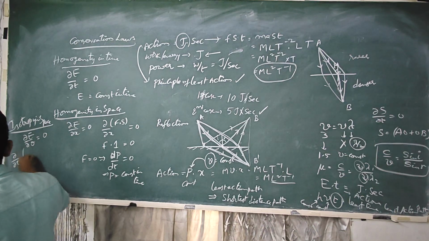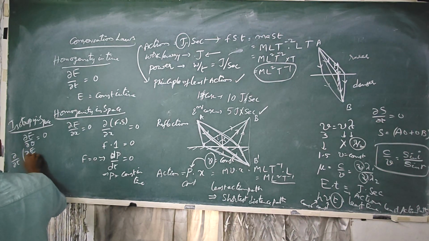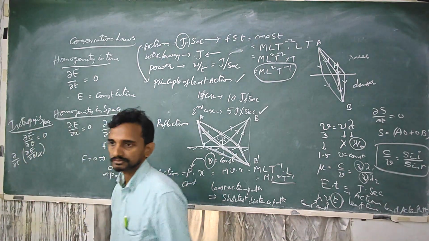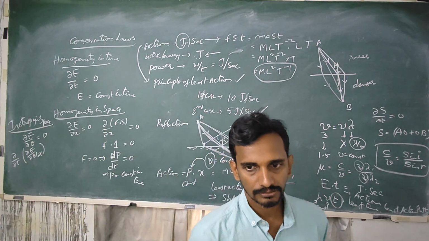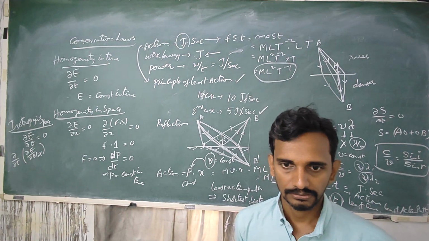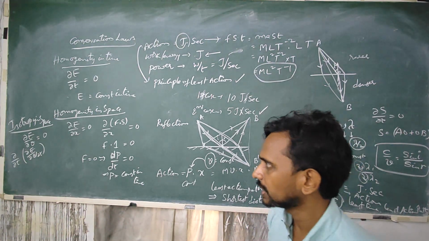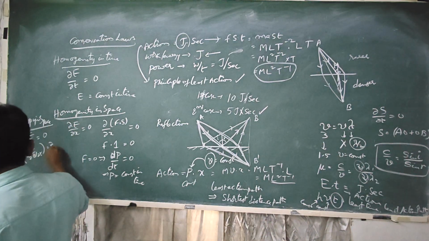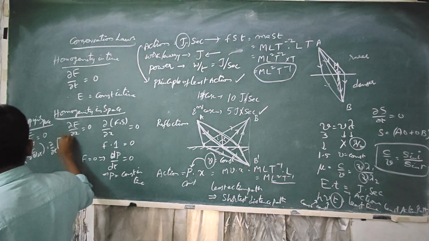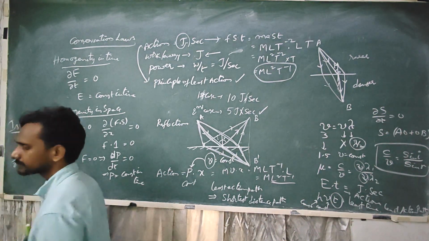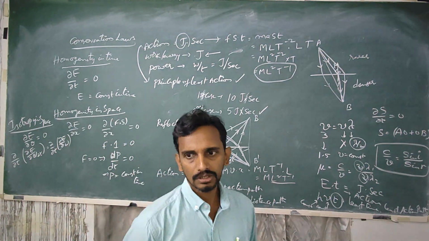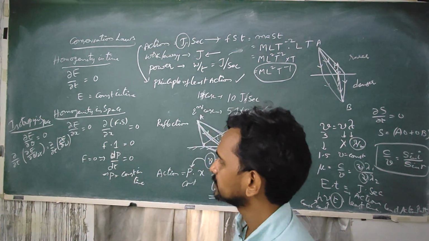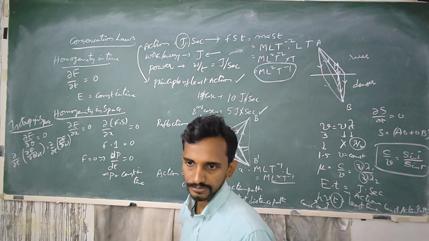I write it as dou by dou t of dou E by dou theta. So dou theta by dou t is dou omega. I have to write energy in terms of omega.